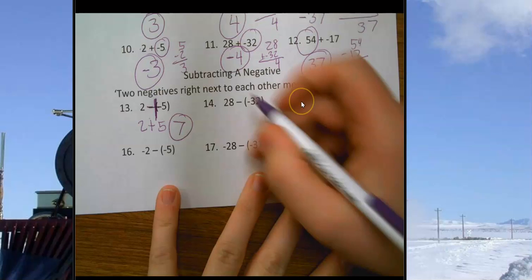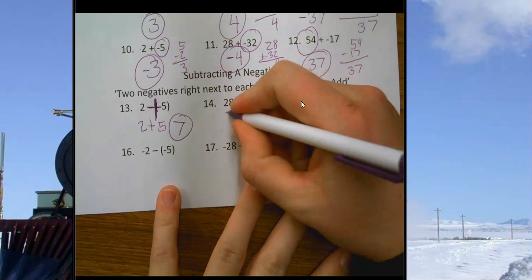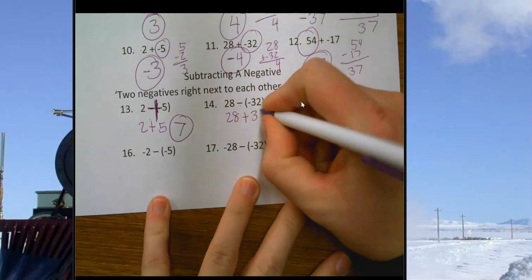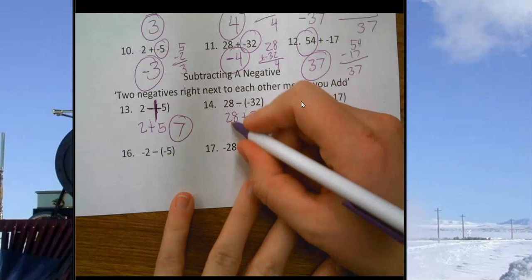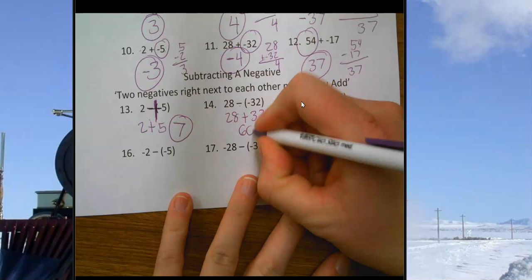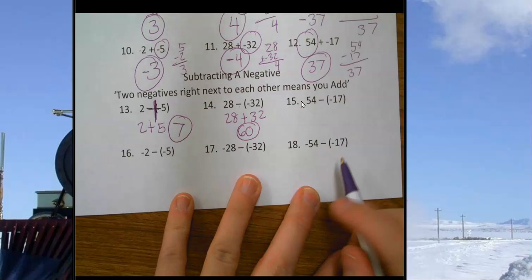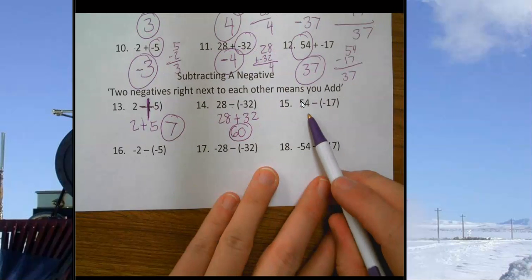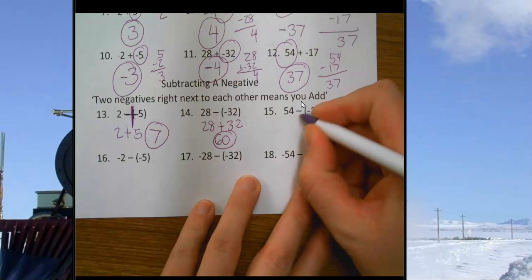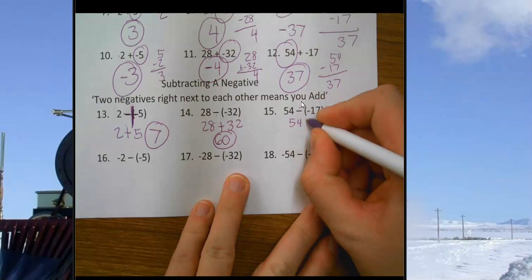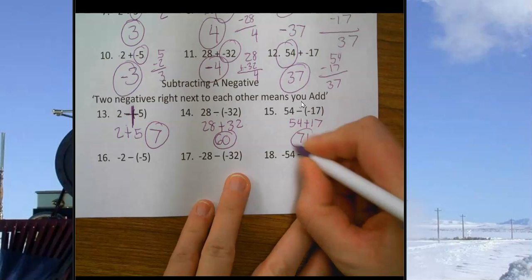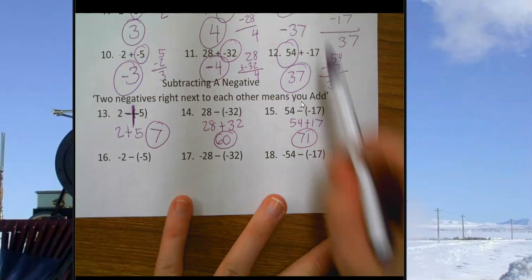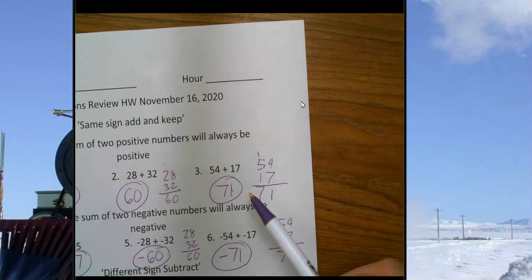Same thing here, minus a negative is a plus. 28 plus 32, they're both positive. Go ahead and add them together. 28 plus 32 is 60. 54 minus negative 17, change the minus to a plus, negative to a positive. 54 plus 17 is 71. And I'm getting that from the numbers up here. I knew what that was.